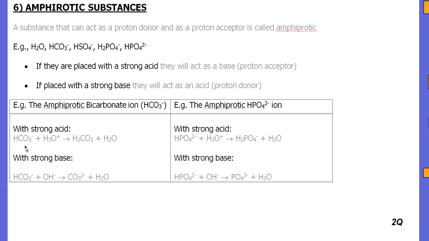That strong acid will turn all the bicarbonate into hydrogen carbonate because that strong acid is donating protons. When you put the bicarbonate ion with a very strong base such as hydroxide, that hydroxide will accept protons from the bicarbonate turning into carbonate. So it's because you're mixing with strong acid and strong base, the arrow is straight ahead. There's no equilibrium there because the strong acid and strong base won't allow the reverse reaction to take place.